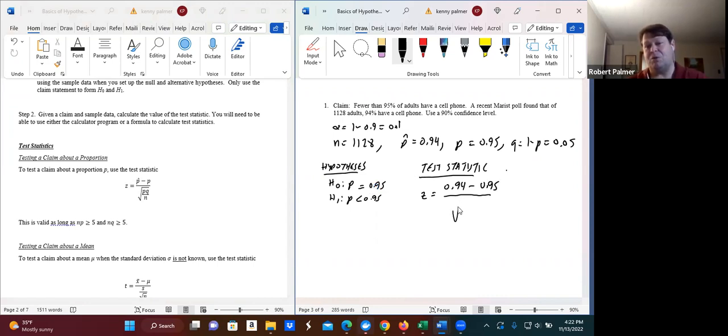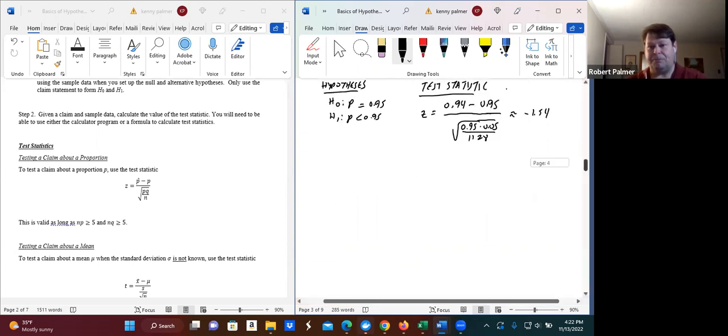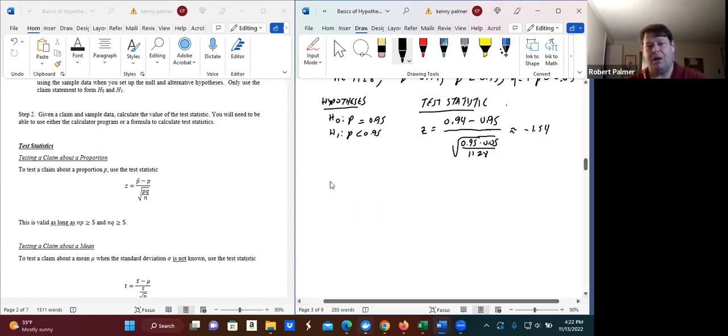Then divided by the square root of p, which is once again p without a hat, 0.95, times q, which is 0.05, divided by the sample size, which is 1128. I've already calculated this, and it should be approximately negative 1.54. Now we're going to use the p-value method.